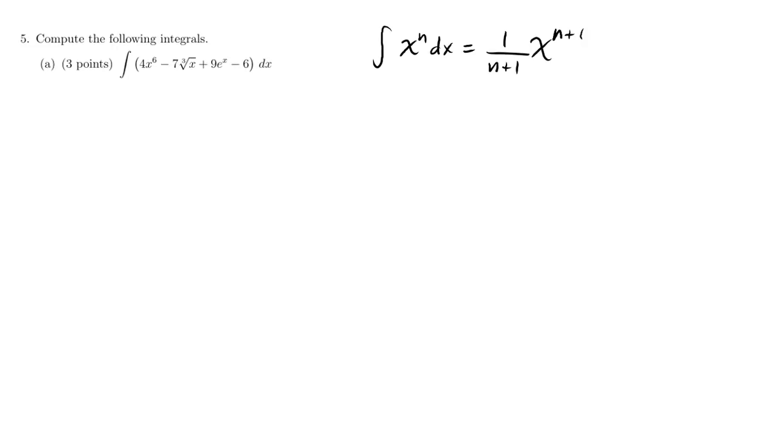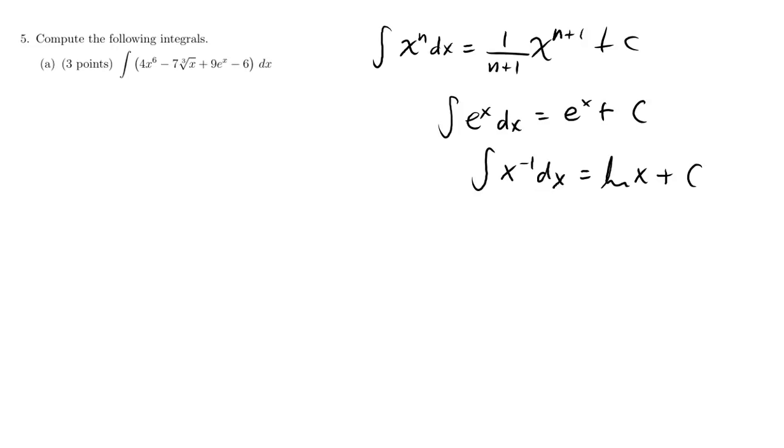Okay, and for the other ones, you also have to know integral of e to the x dx equals e to the x, and integral of x to the negative 1 dx is ln of x plus c. I forgot to put plus c. Always put plus c for these integrals.